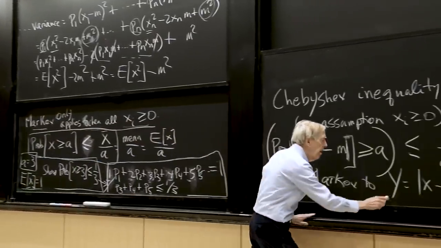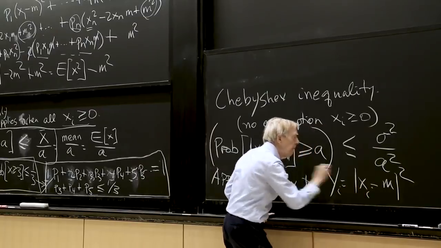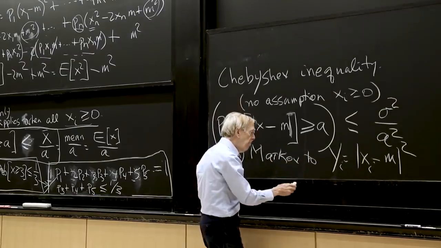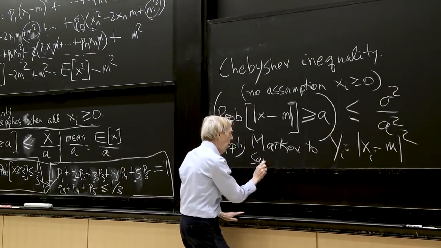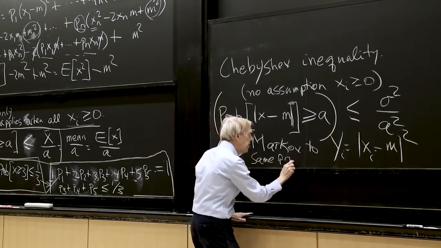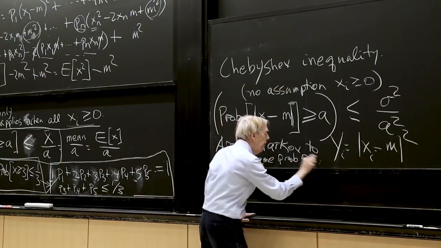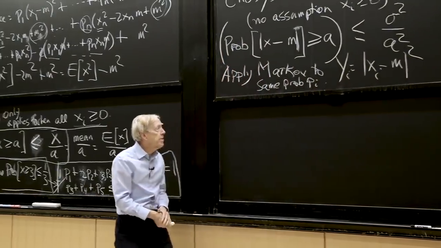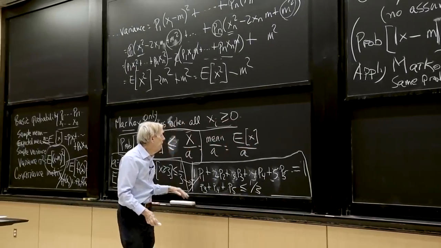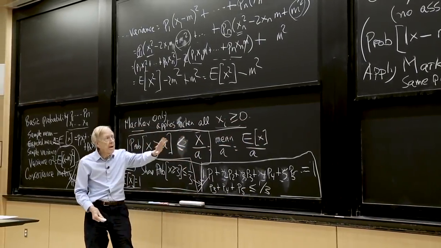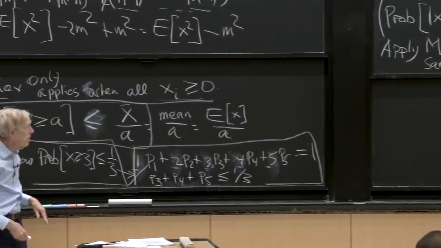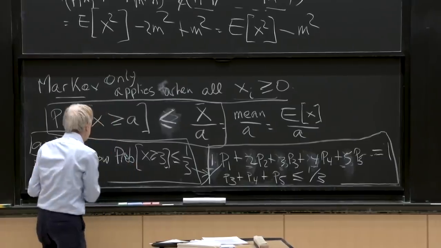So yi is xi minus m, the mean, squared, and the same probabilities pi. Okay. So I'm going to take the y's here instead of the x's here, and then apply Markov.